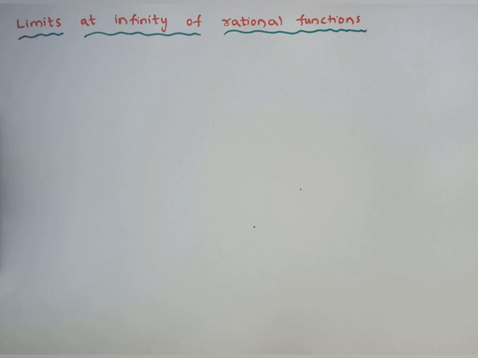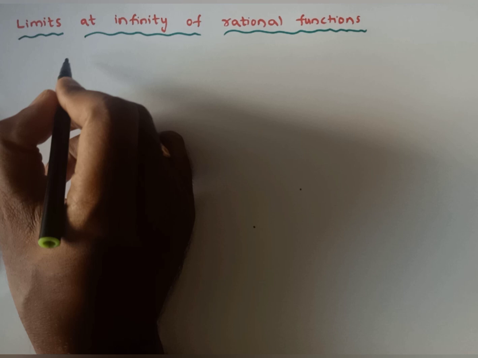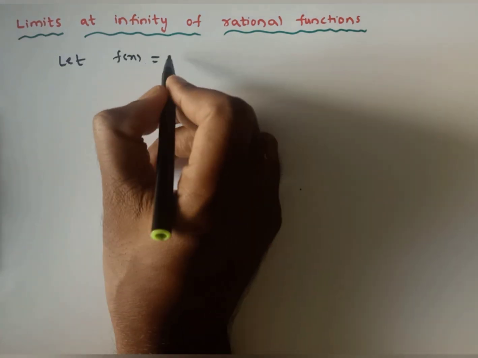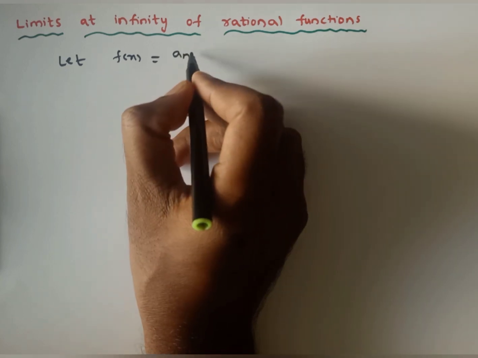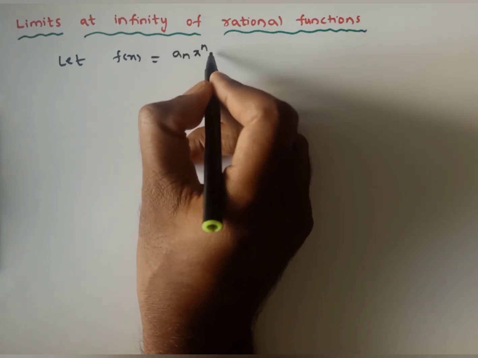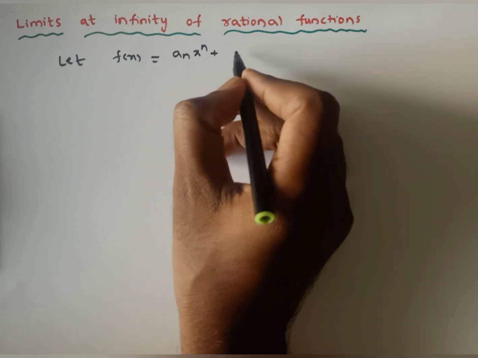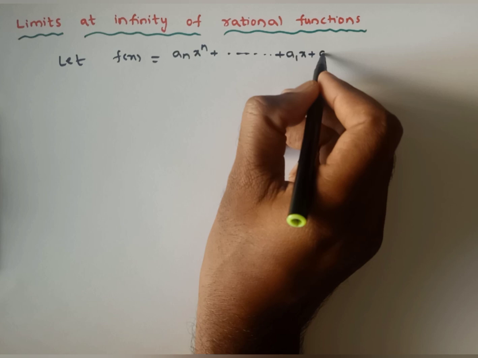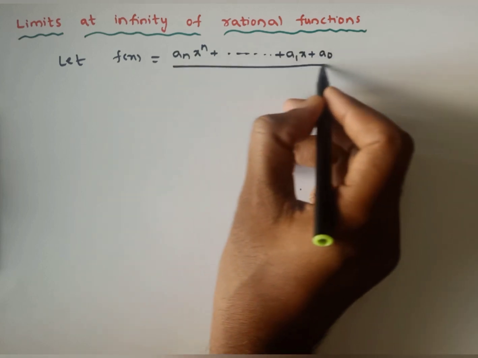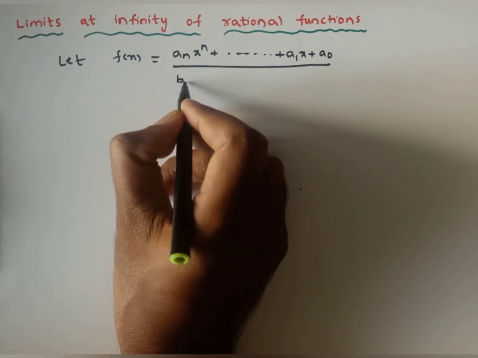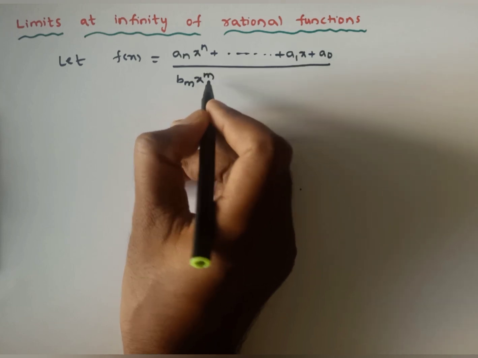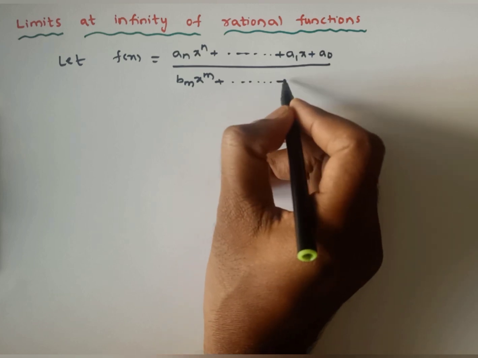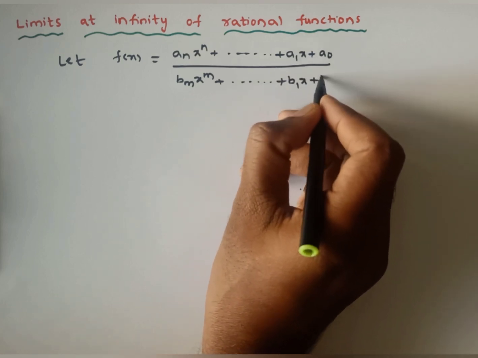Let the rational function f of x be an nth degree polynomial in the numerator, an x to the power of n plus a(n-1) x to the power of n minus 1 and so on, plus a1 x plus a0, divided by, in the denominator, bm x to the power of m plus b(m-1) x to the power of m minus 1 and so on, plus b1 x plus b0.